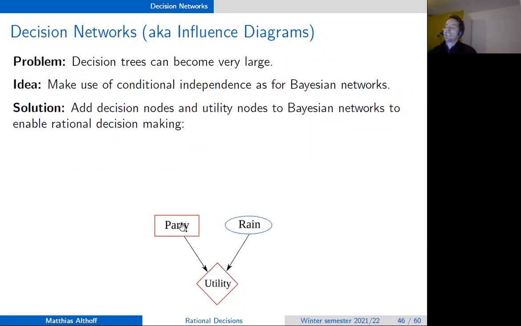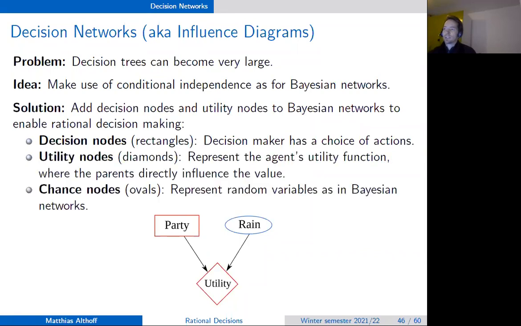And as a decision, we had to decide whether we will invite people to the party or not. And then there were different utilities. So decisions are denoted by this rectangle, and utilities by this diamond. In this lecture, we assume without loss of generality that there's just one utility node, but you can also draw a decision network with more than one utility node, but it's not really required.